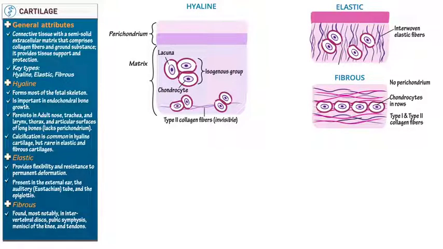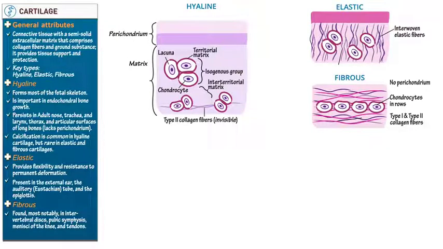The matrix, which is basophilic and stains purple on H&E section, contains territorial matrices that comprise the proteoglycan-rich dark staining area around the lacunae. Then indicate interterritorial matrix outside of the isogenous groups. It stains lightly.